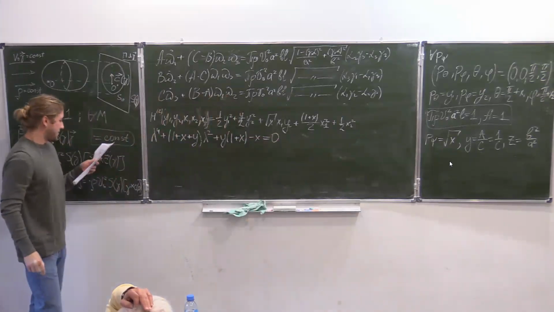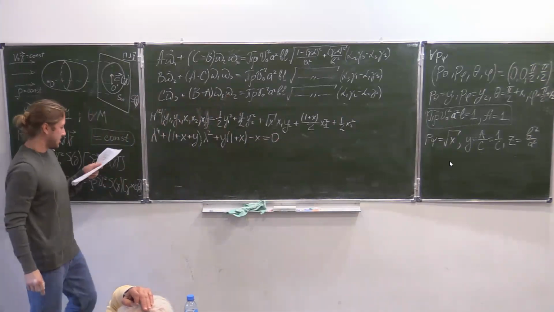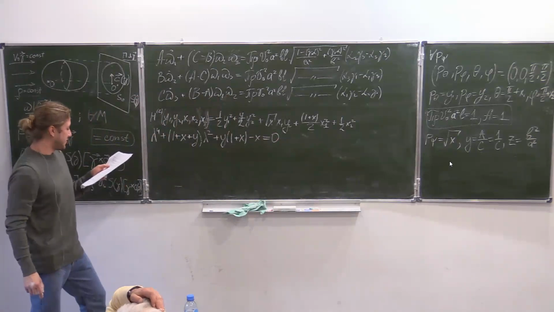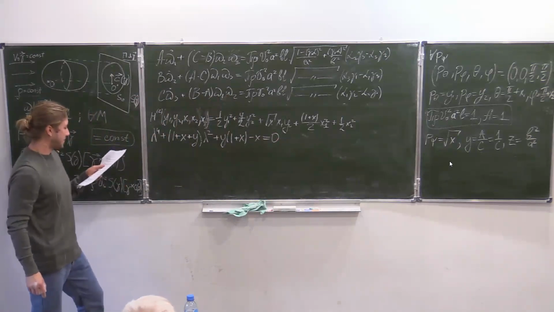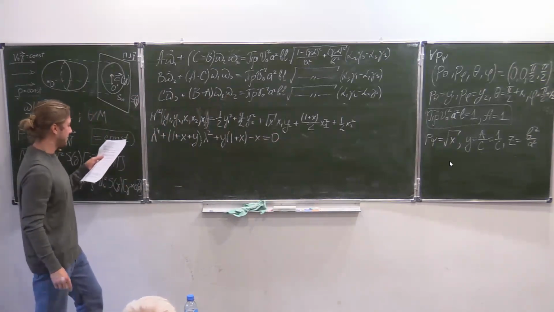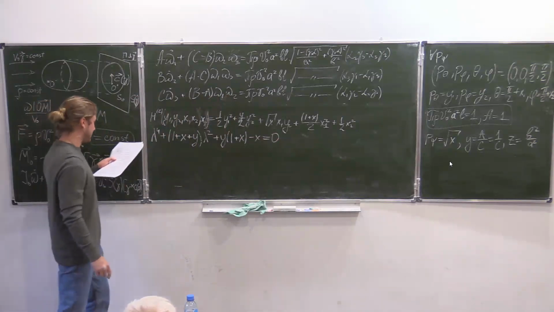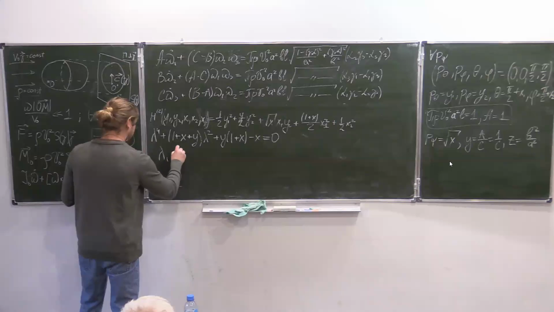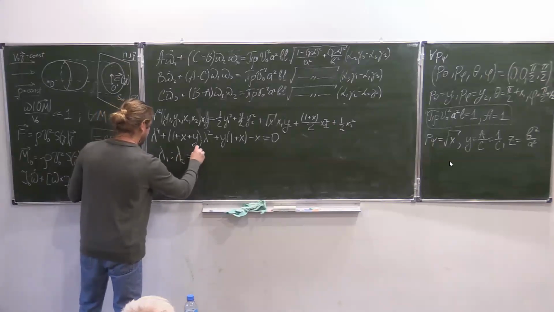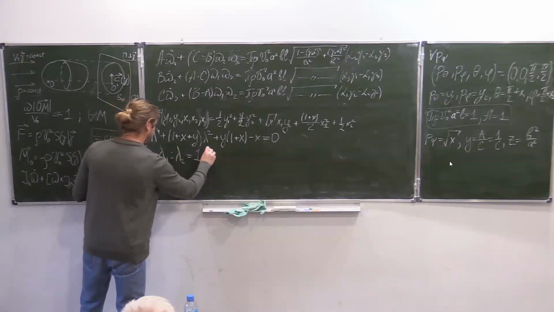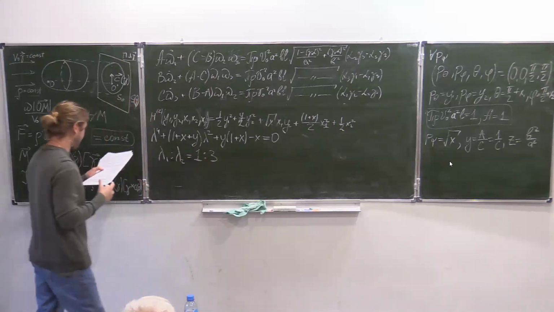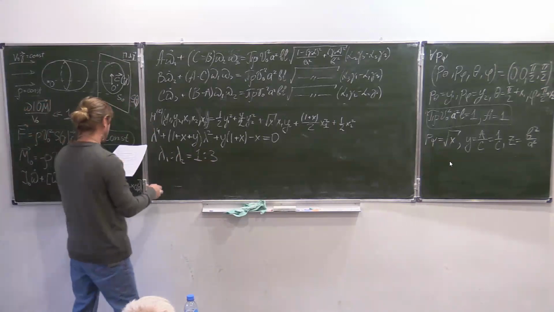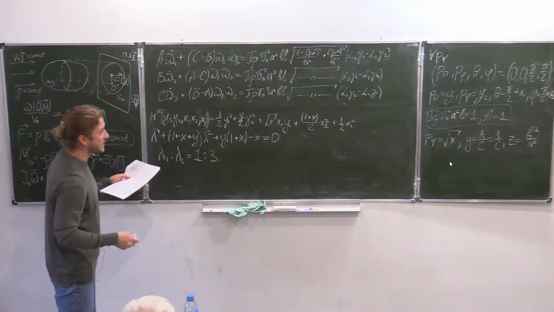To obtain sufficient conditions for the non-existence of an additional integral, it is enough to present at least one frequency ratio at which a secular coefficient is not 0. Let's choose a ratio 1 to 3. For such a frequency ratio, the parameters x and y should be related as follows.